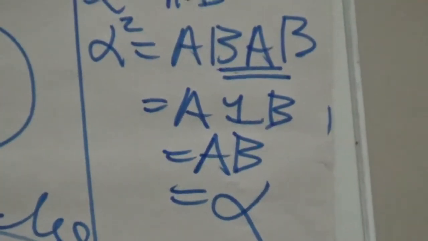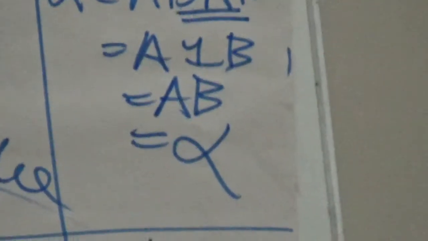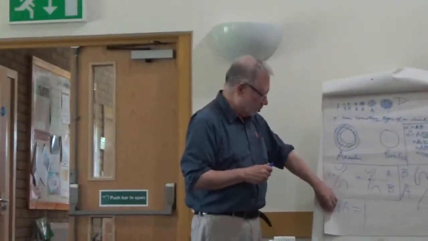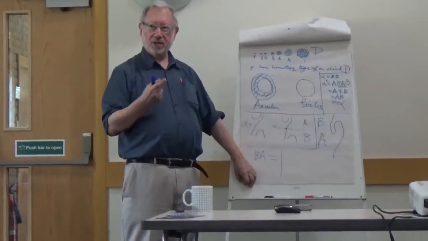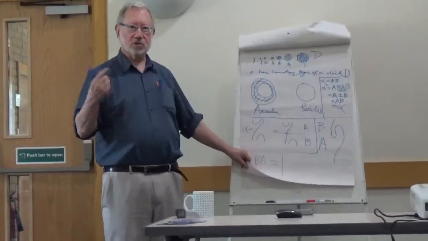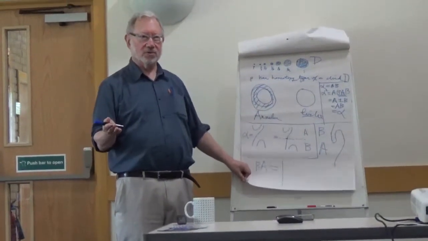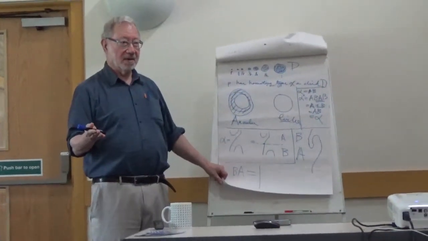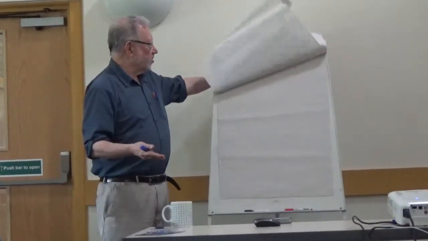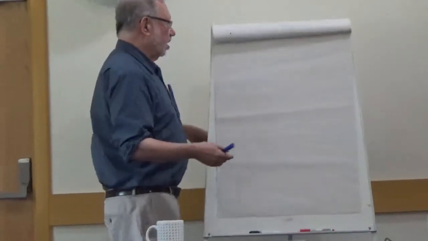Alpha squared is equal to alpha because of the fact that the middle guys were equal to the identity. Well, why am I belaboring this? Because when you went up to the category and you looked at this puzzle, how do I make things whose square is equal to themselves? How do I make idempotents? In the category, the story is made clear.